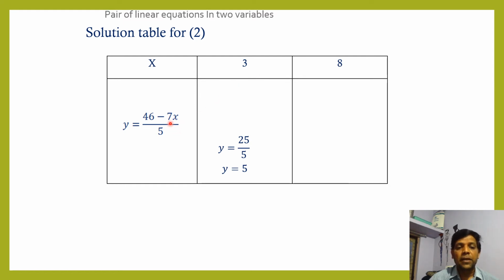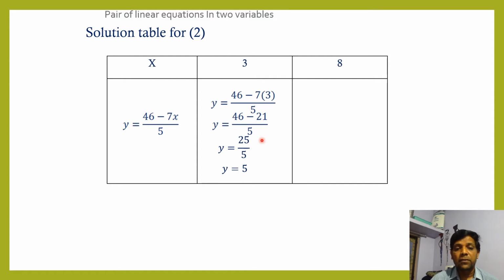46 minus 7x by 5. Substitute x in the given equation for y. Now y equals 46 minus 7 into 3. So substitute x. What is the value of x here? 3. 46 minus 7 3s are 21. 46 minus 21 by 5.